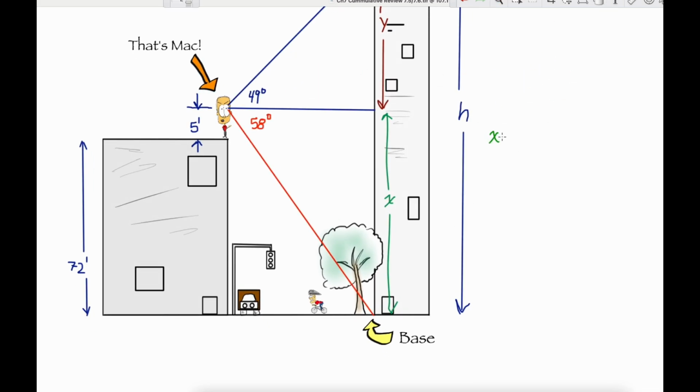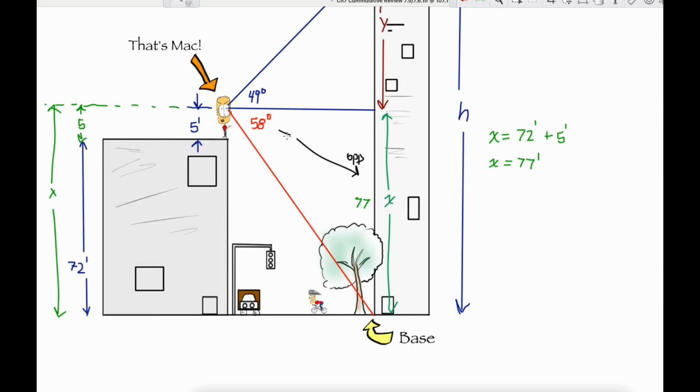But we know that x has to be the height of the building plus his height at eye level, because it makes a rectangle and the opposite sides of a rectangle are congruent. So x has to be 77. And if we can use the 58 degrees and the opposite leg of 77, we can find the adjacent leg by using tangent.